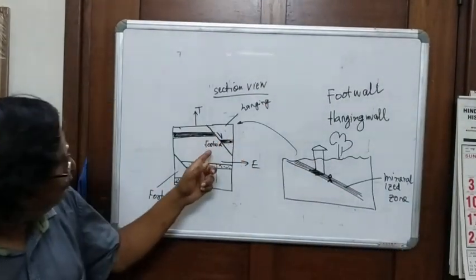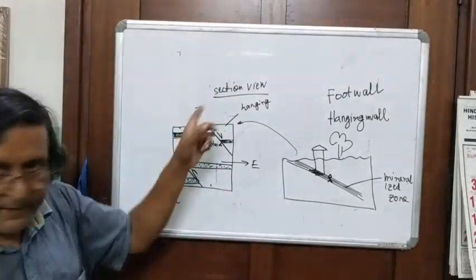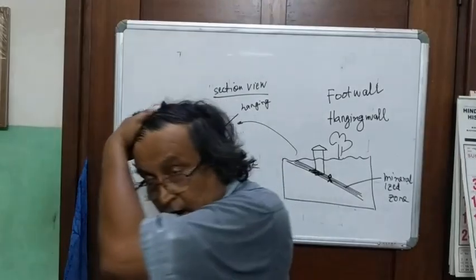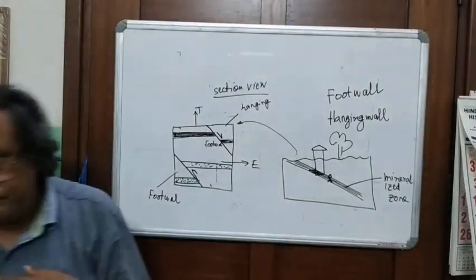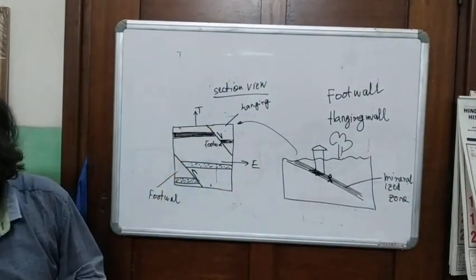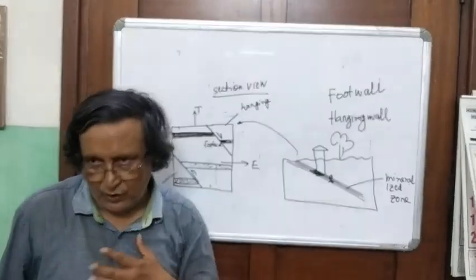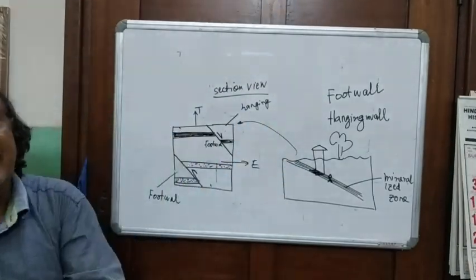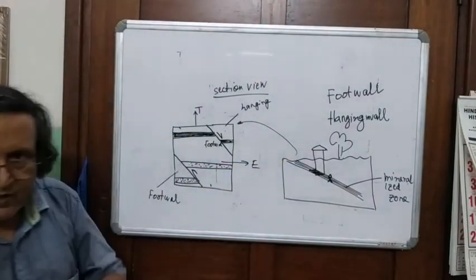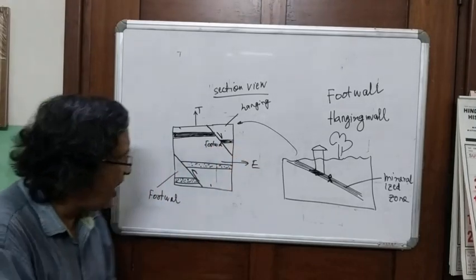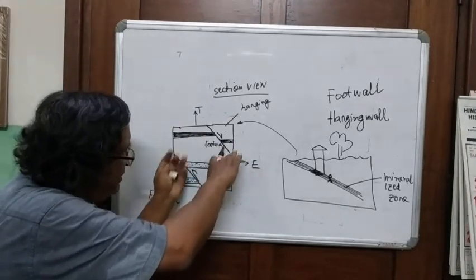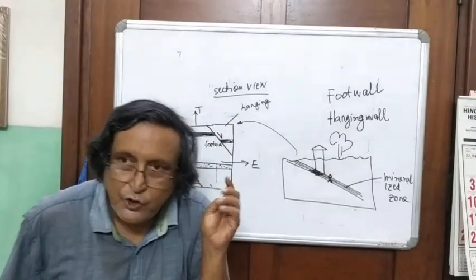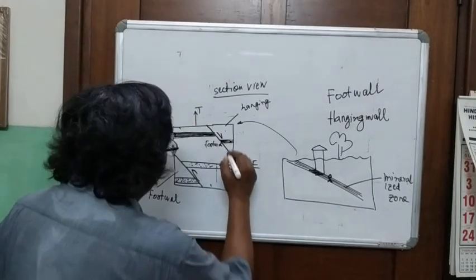So, faults are indicative of brittle deformation, bent rocks are examples of ductile deformation. Brittle deformation involves two main types of faults, which you should know because we will be using it. One is called a footwall, one is called a hanging wall. And when the hanging wall moves down relative to the footwall, you call it a normal fault.